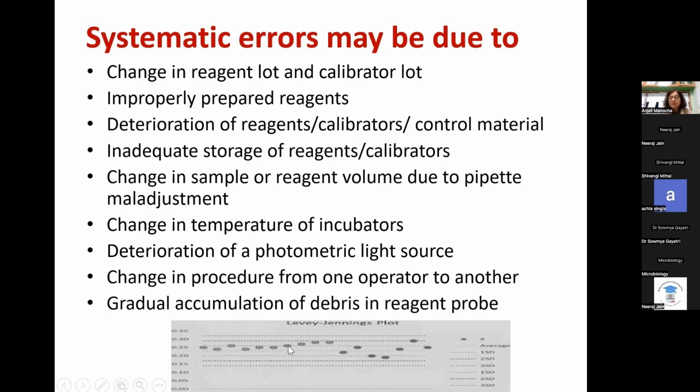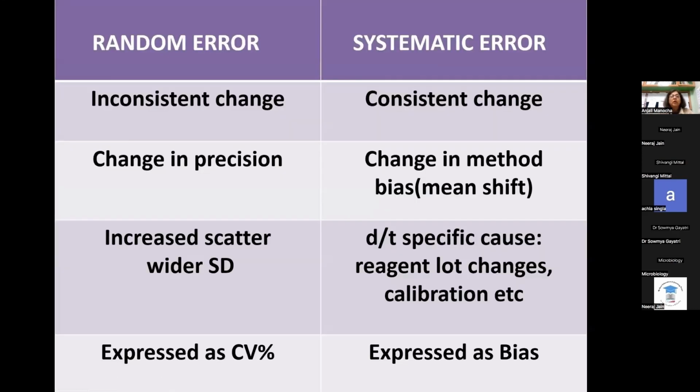So this is called a systematic error. A random error would be an inconsistent change which would lead to a change in precision, a scattered SD, whereas a systematic error would be a consistent change and would lead to a bias and would be due to a specific cause.